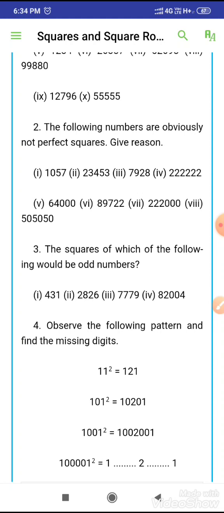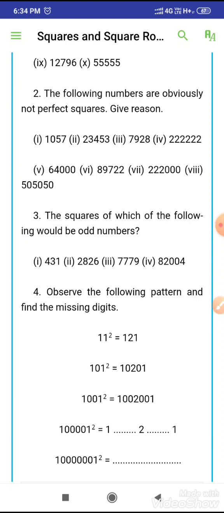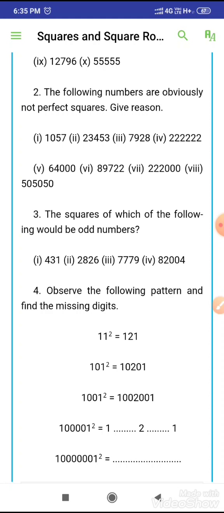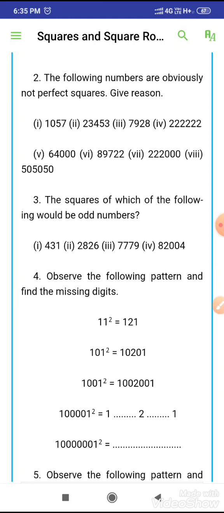In the fourth part, the number ends with 2. In the fifth part, the number has an odd number of zeros. In the seventh part, the number has an odd number of zeros, and in the eighth part, the number has an odd number of zeros. And these are the reasons why these numbers are not perfect square numbers.